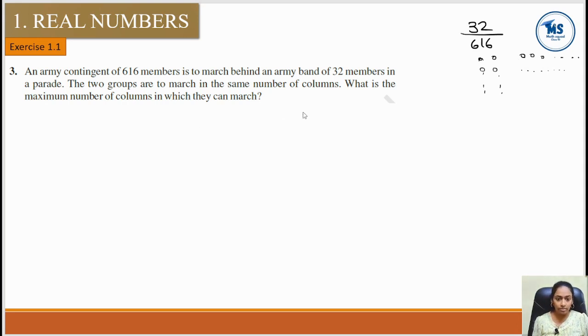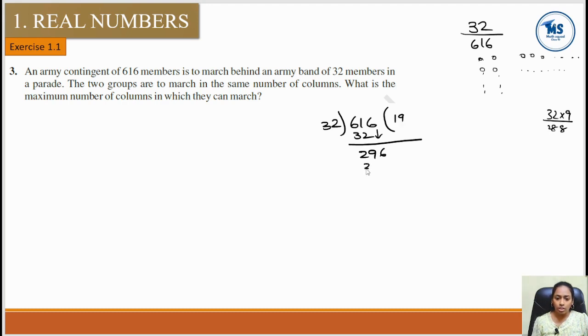Let's find the HCF of 32 and 616. Apply Euclid's lemma. 32 ones are 32, and if you subtract, 6 minus 3 is 3, 5 minus 3 is 2. 32, how many times will it go? I am thinking 19 times. 19 times 2 is 38, 19 times 3 is 57. Yeah, 19 times.